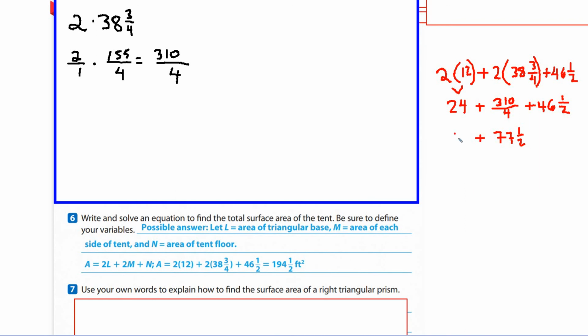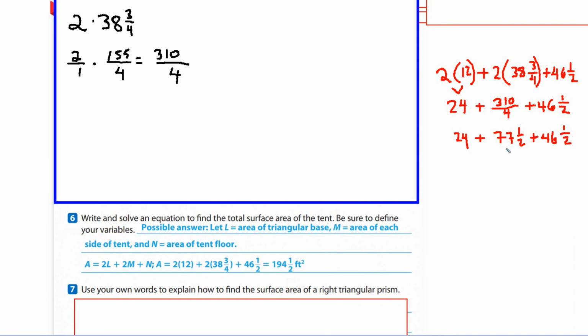Think about that. 4 goes into 310 77 times. 77 times 4 is 308, and therefore there are 2 left over 4, which makes it 1/2. Plus 46 and a half. Now let's do the math.